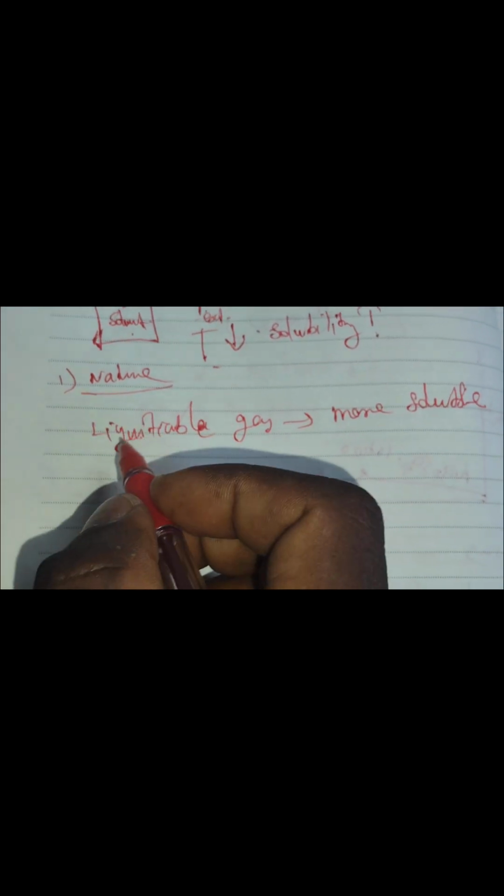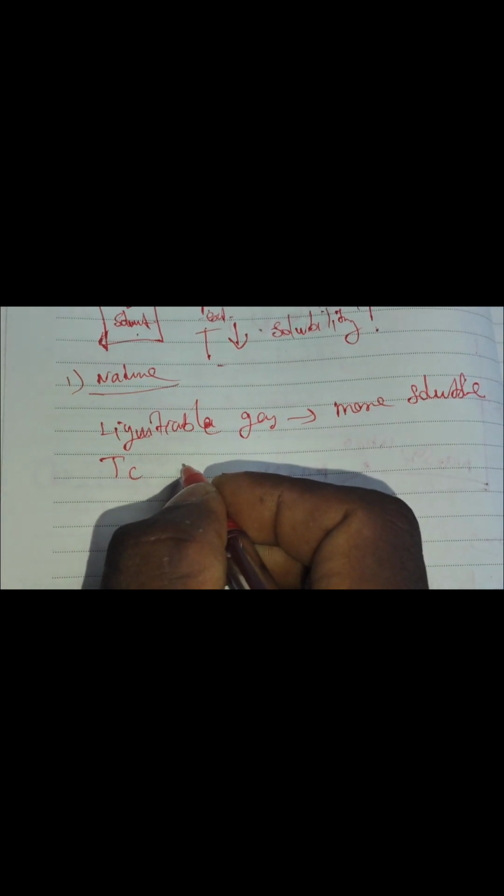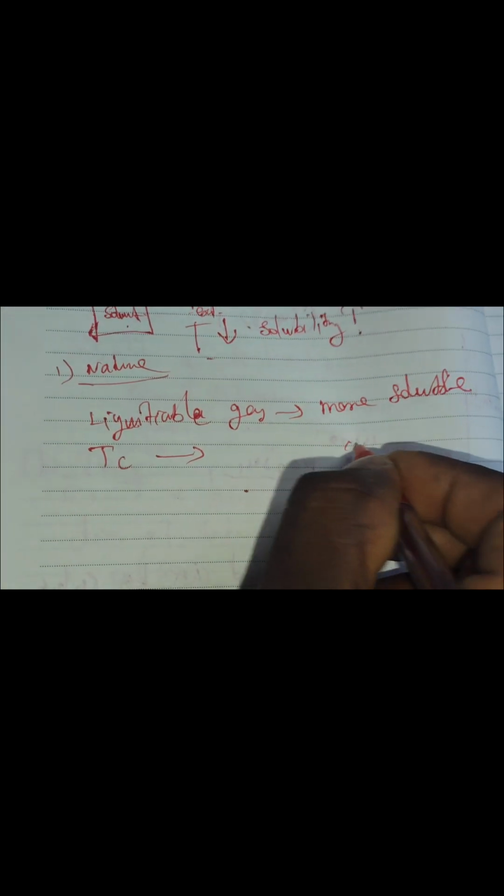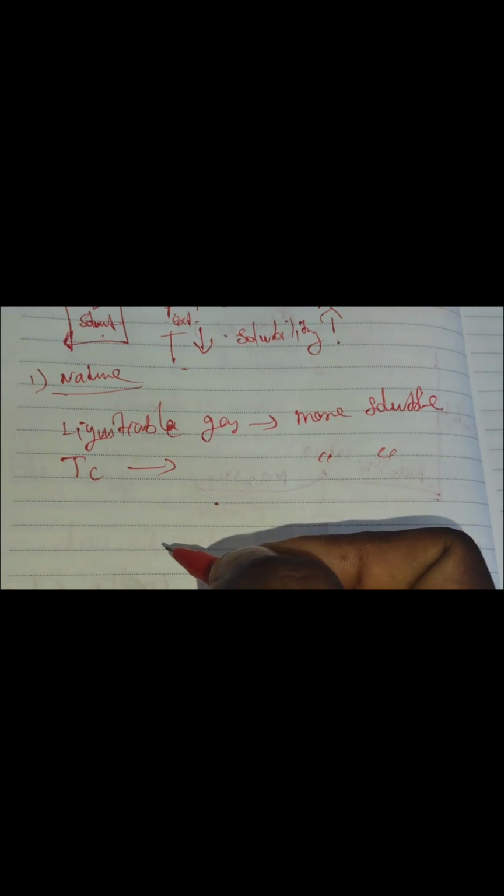The gases that are more liquefiable are more soluble, and gases with the highest critical temperature are more soluble. So the higher the critical temperature, the more soluble the gas is in the solution.